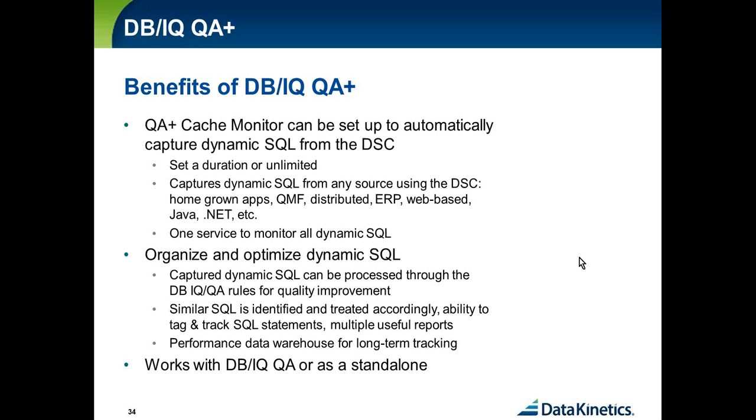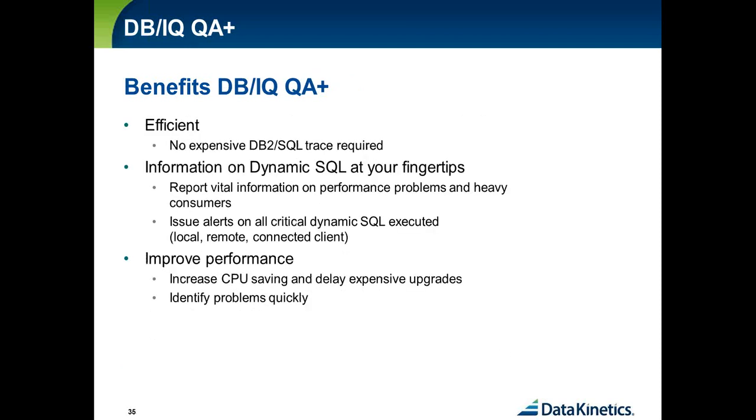QA will run it through the rules. It will identify similar SQL statements and treat them accordingly. You can tag and track SQL statements and produce multiple reports across these SQL statements that have been captured by QA+. What are the benefits? It's efficient, doesn't require expensive SQL traces to be turned on.